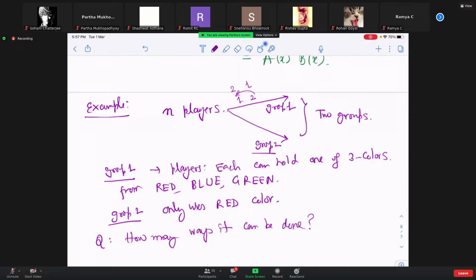So the problem is clear. If group one has, let's say, 100 students, then the 100 students can be arranged in any order, and they can hold any of red, blue, and green. And group two, if there are 200 students, can be lined up in any possible way, but they don't have any choice of colors. Everybody holds just red. And how many ways can this arrangement be done?